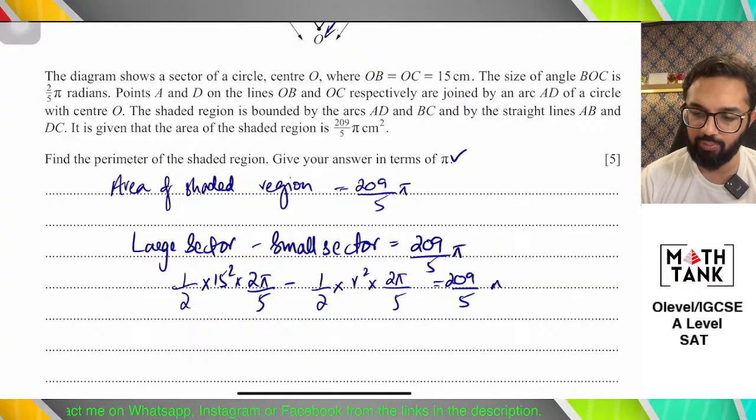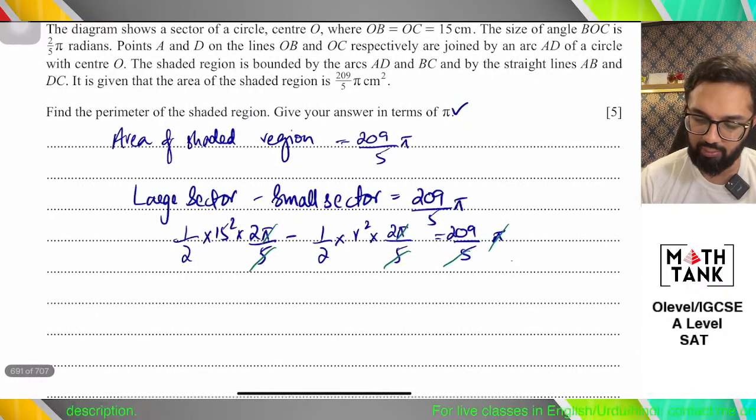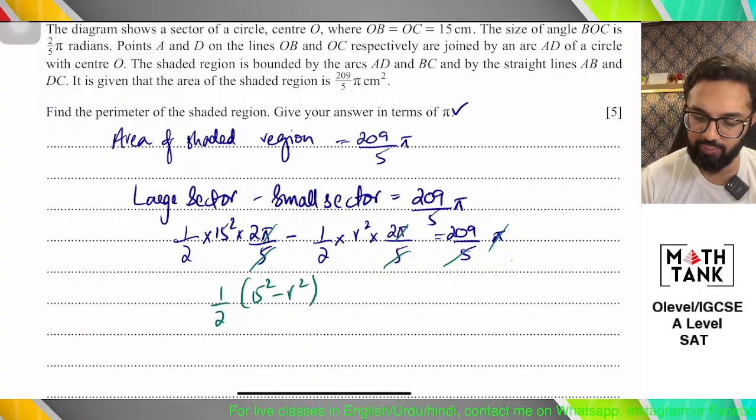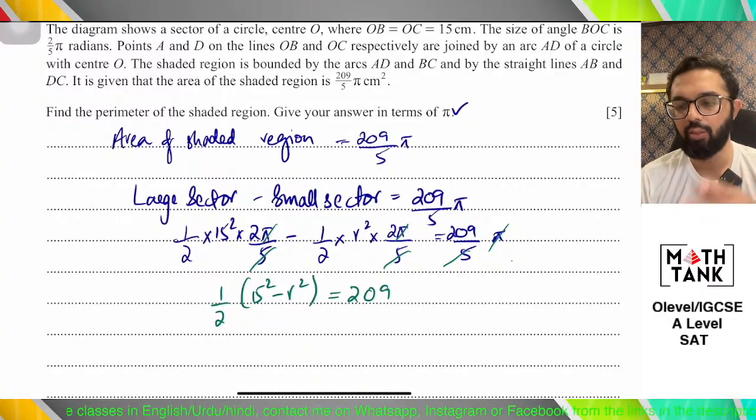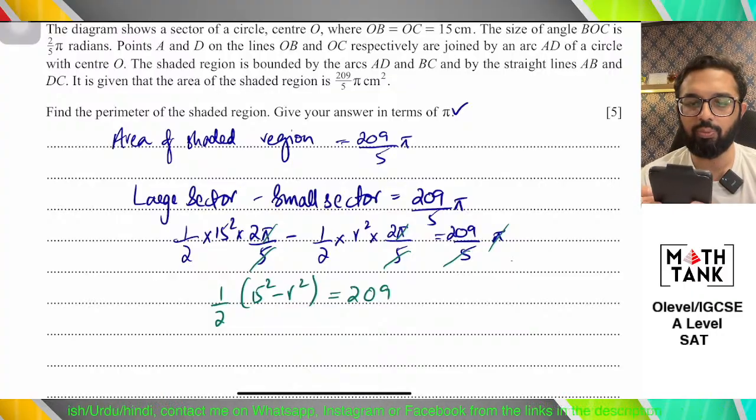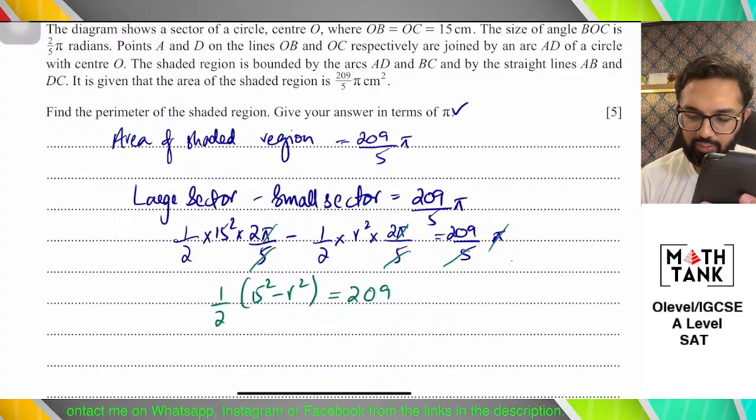I see pi is common in all of them, and so is the denominator 5, so I'm just going to get rid of that. So half (15 squared minus r squared) equals 209. 209 times 2 is 418.